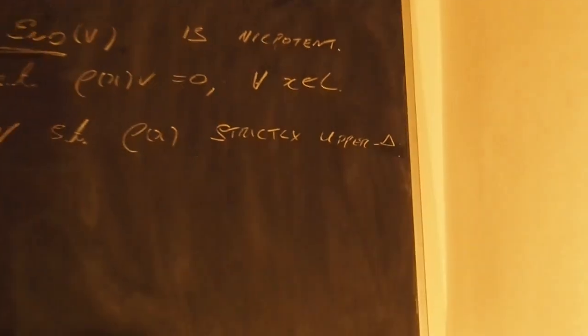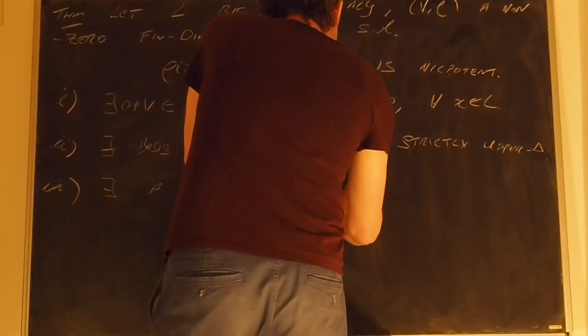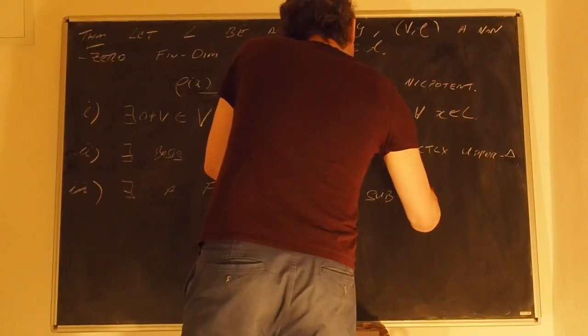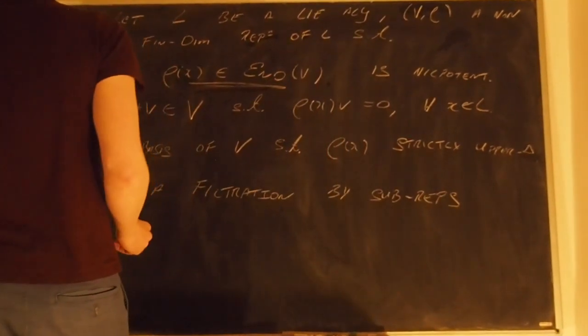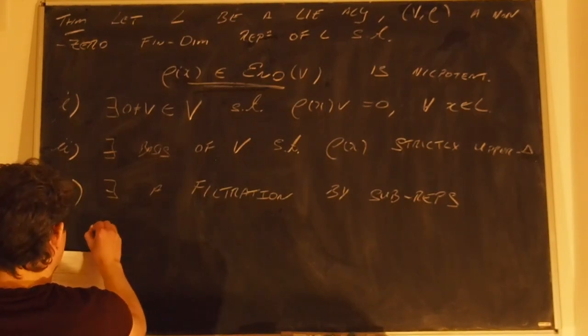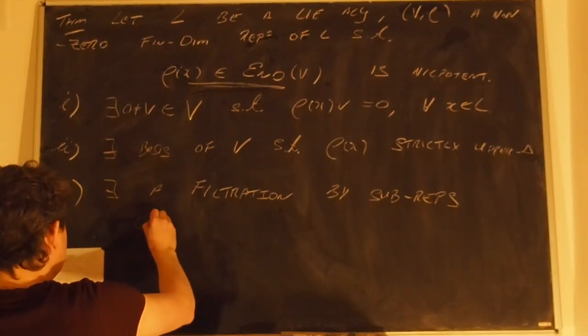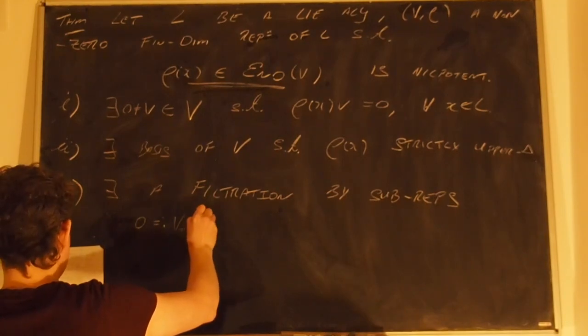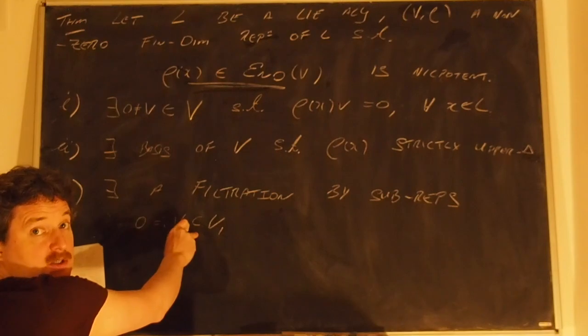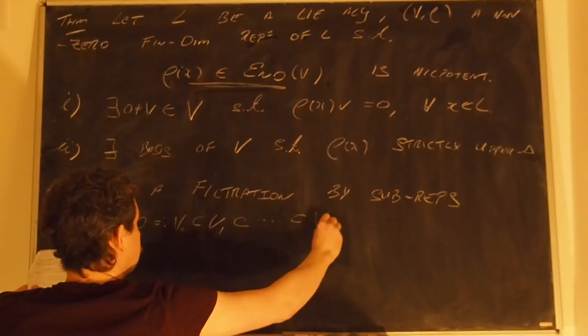And the third consequence, there exists a filtration by sub-representations such that 0 is the definition V0, which lives in V1, and this is a strict inclusion, and so on.